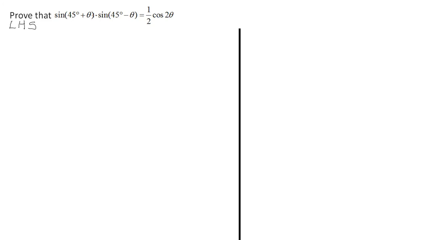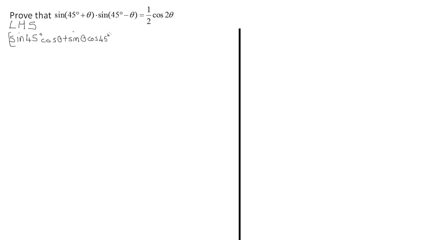Sine of 45 plus theta, according to my formula sheet, formula number 10, will become sine 45 cos theta. Very important to put it in brackets because we multiply, plus sine theta cos 45.